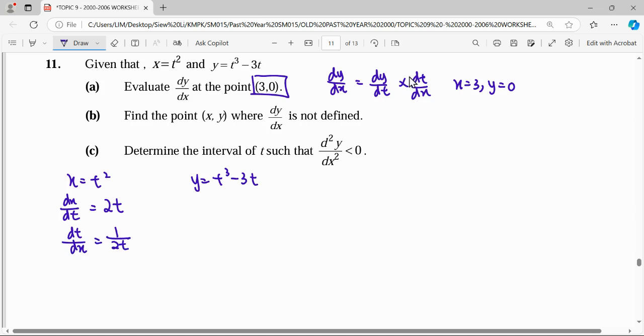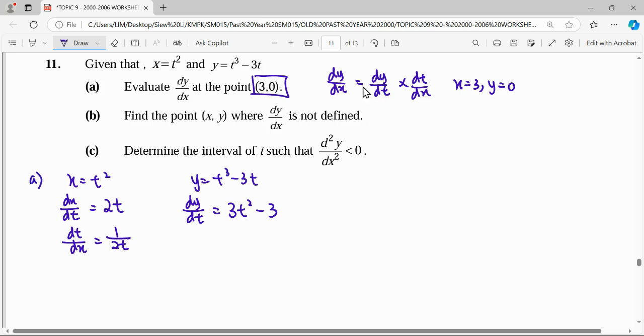So you can notice that what we need here in parametric differentiation is dt/dx. So therefore, we invert it. Then for y, we differentiate y with respect to t, power move to the front, power minus 1.